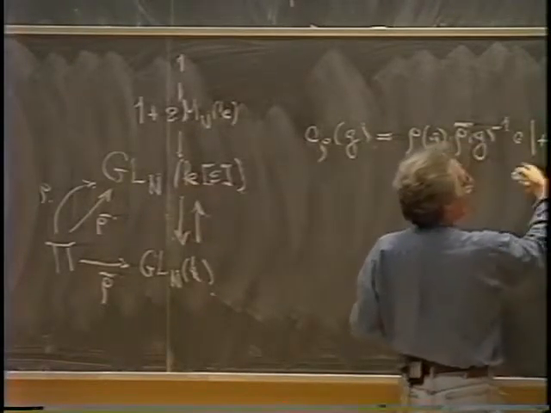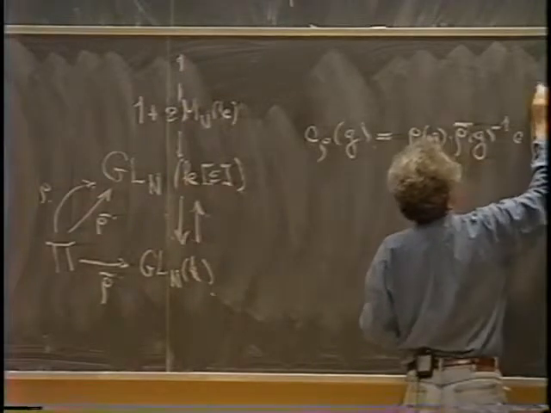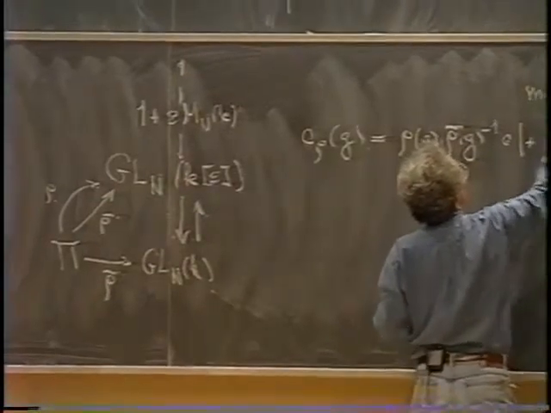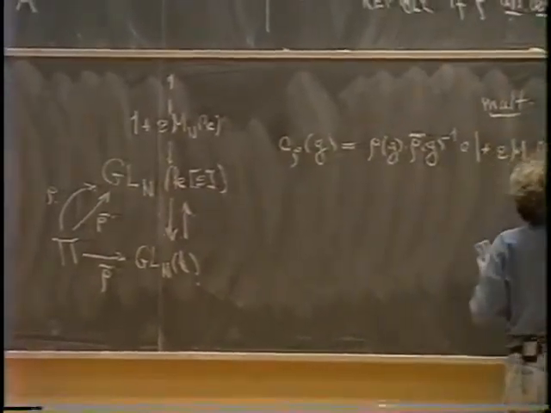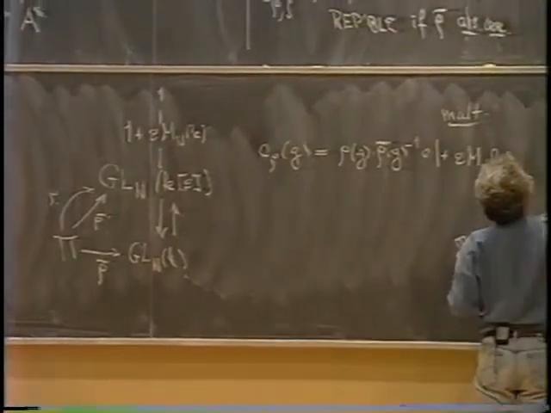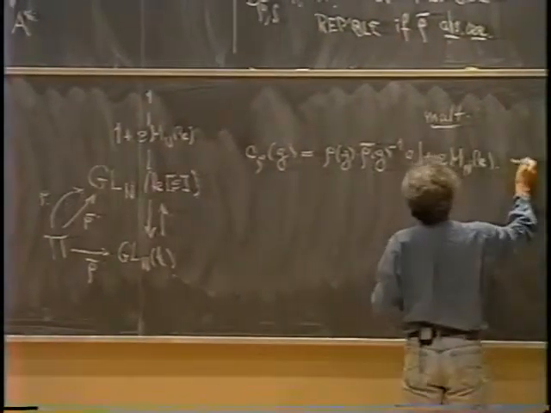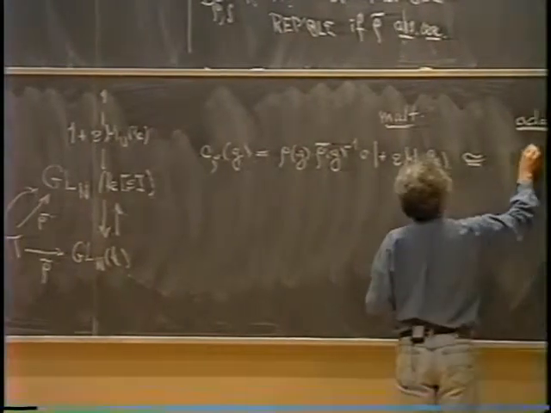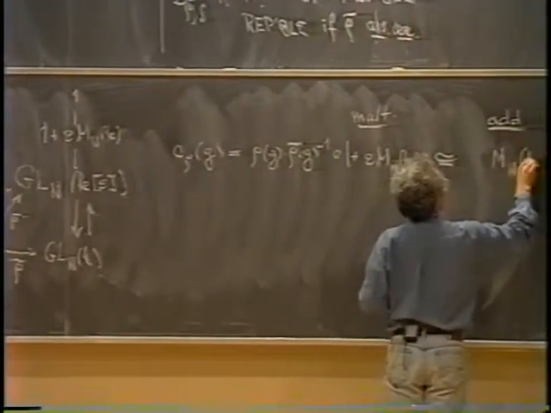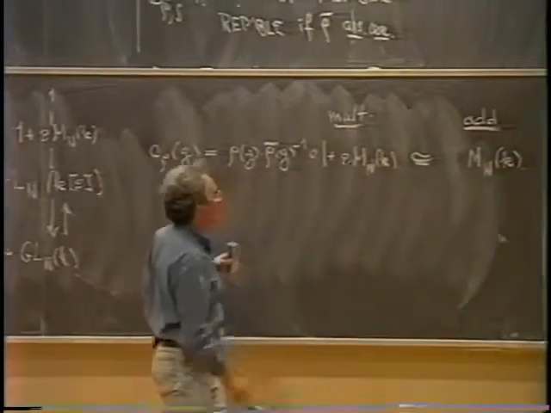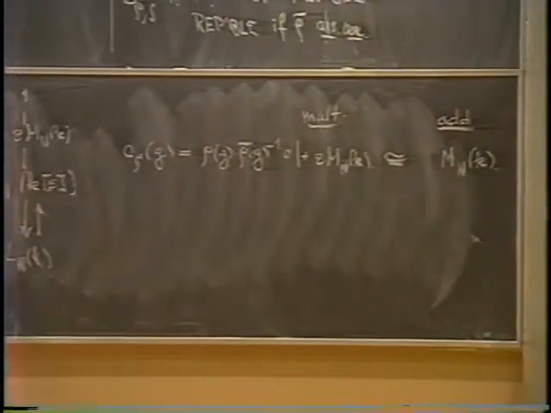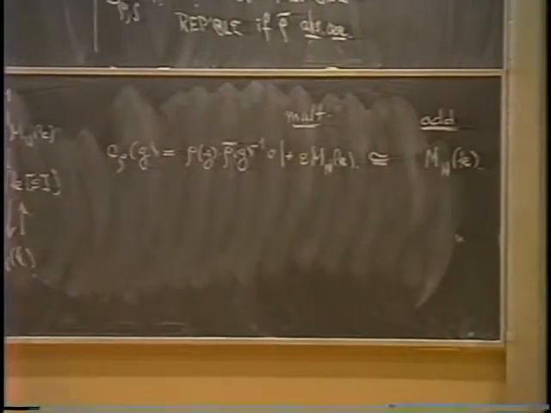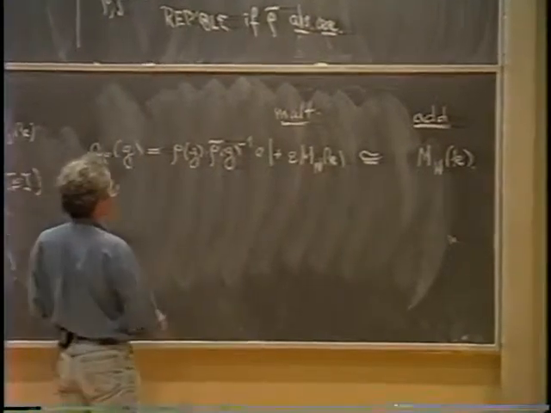Of course, this is to be viewed as a group. It's a group under multiplication, so I'll put mult up here. And if you want the additive version of it, we just divest an element of its 1 and its epsilon, and we get just the additive group M_n of k, that isomorphism being a log or an exponential, depending upon which way you're going.